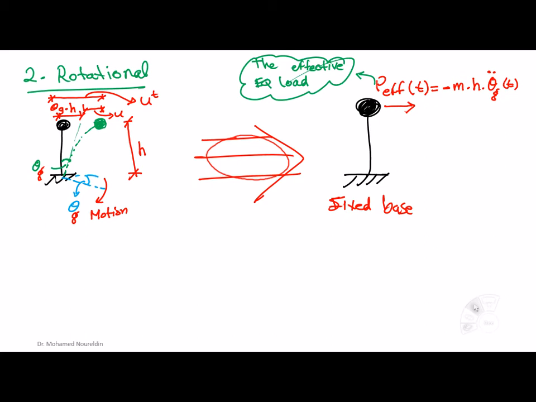And based on this, as we have said, U total as a function of time is going to be equal to U of t, which is due to the deformation of the rod itself, the system itself, plus the rigid body deformation, which is theta g h. So it is going to be h times theta ground motion with respect to t.